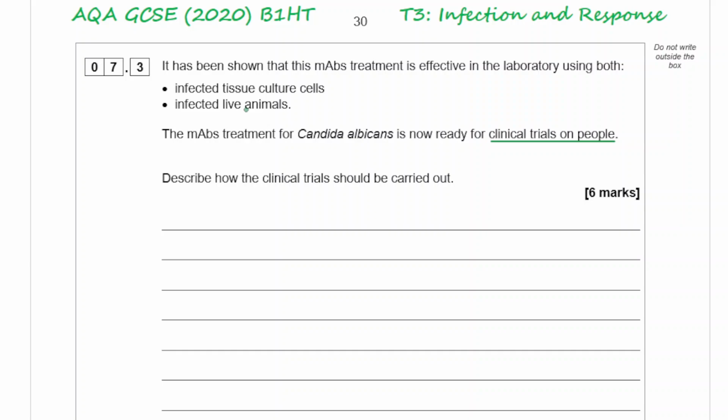We test it first on healthy volunteers, and then we test it on patients who have the disease on a small number of people, and then we test it again on a much larger number of people, and we test it using what is called a blind trial, and we make sure that there's a whole range of things that is also controlled during this trial.